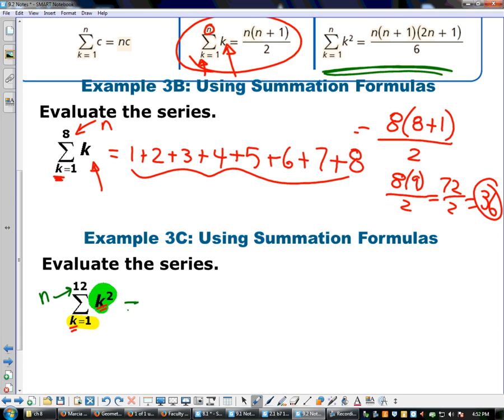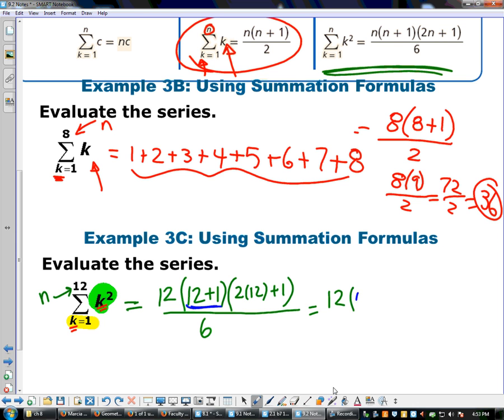So this series is going to be equal to n, so 12, times the quantity n plus 1, or 12 plus 1, times the quantity of 2n plus 1, so 2 times 12 plus 1, all divided by 6. So again, I'm going to want to figure out what that number is. So if we start multiplying here, let's do our parentheses first and see what numbers we have. So 12 plus 1 right there, we're going to have 12 times, all right, that looks like a 13. And then we need to do 2 times 12, which is 24 plus 1.